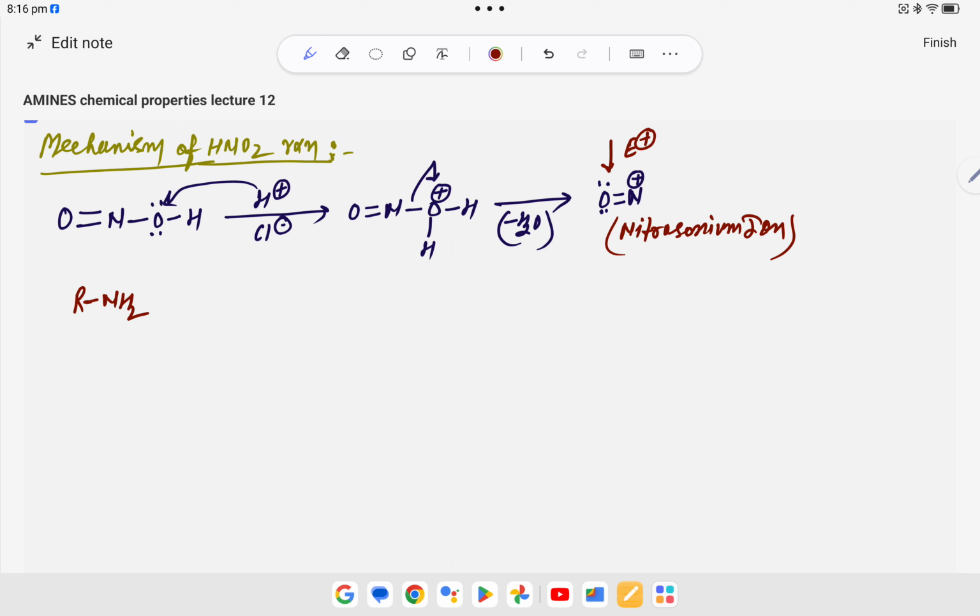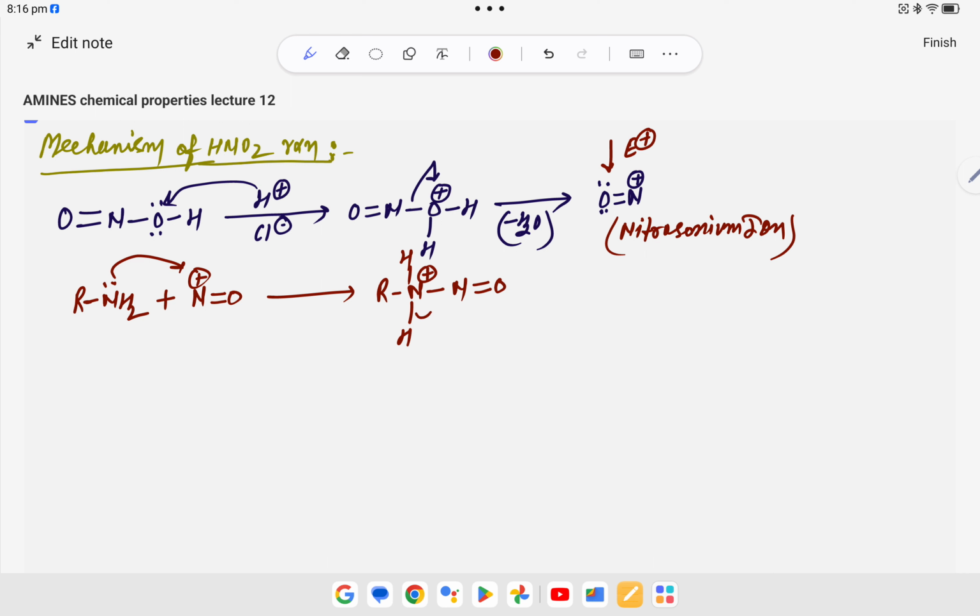Then the RNH2 lone pair attacks the positively charged nitrogen of N double bond O. Here the lone pair attaches to the positive charge, then you are getting RN with two hydrogens, the nitrogen donating its electron pair, then positive charge, double bond oxygen.